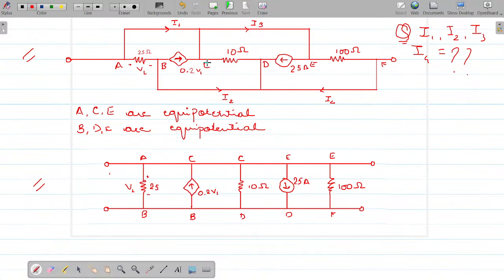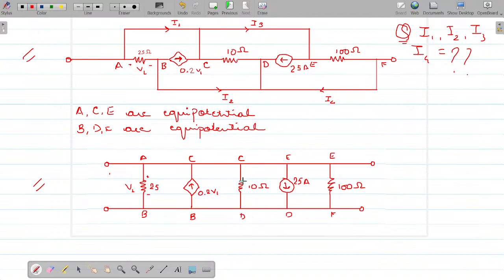Now, keep following. Between C and D, there is a 10 ohm resistor. See, C is right here. You extended C here, but D is not on the figure that we have drawn so far. So we need to utilize our information that B and D are equipotential. So I just extended this and wrote a point D, because B and D are equipotential.